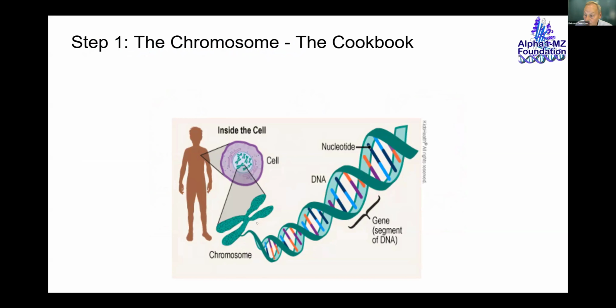Those chromosomes consist of a twisted ladder of DNA. This ladder has millions of steps called base pairs. And along the DNA, we find the genes, like recipes in a cookbook. Each gene contains instructions to make a specific protein.